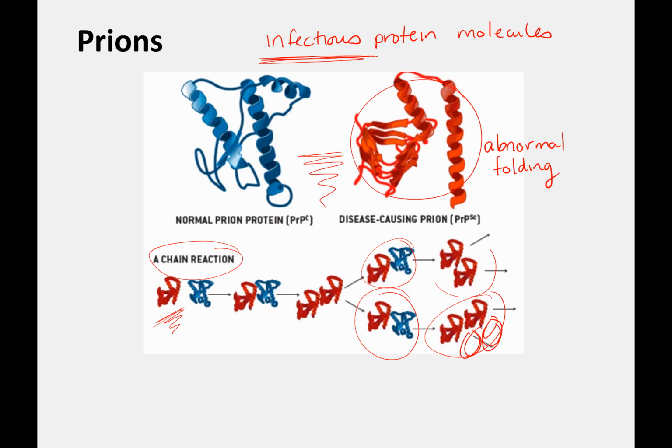The cows become unable to walk and should never be put into food processing. But what happens is you can have a burger from this cow, you can cook it, you can have it well done, and the prions can still go through your gut, into your blood system, up to your brain, and cause the same kind of disease in humans, which puts holes in your brain.